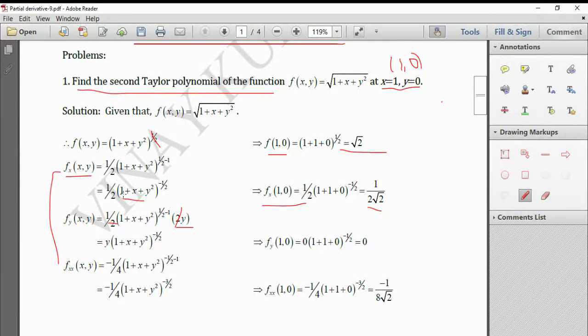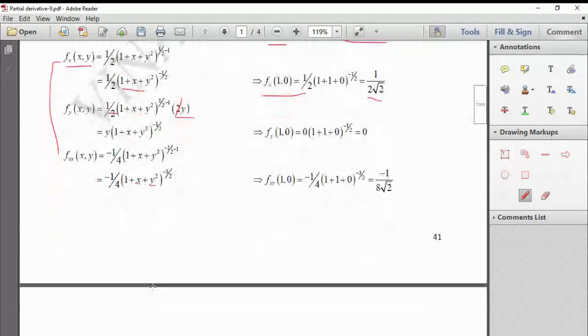Remaining is 1. Derivative of 1 is 0 plus derivative of x is 1. Derivative of y square is 0, which gives you 1. So minus 1 by 4 into (1 plus x plus y square) whole to the power of minus 3 by 2. But we need fxx at (1, 0). Substitute x equal to 1 and y equal to 0 in this. You'll get minus 1 by 8 root 2.